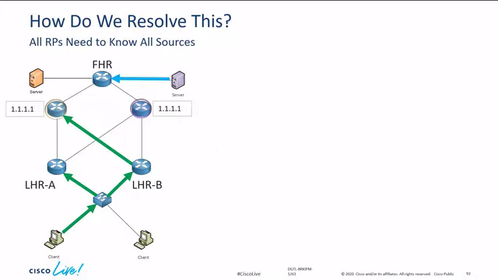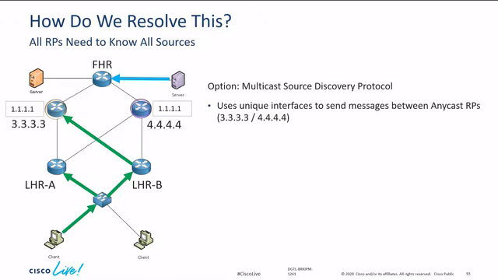So how do we solve this problem? Well, we solve it by making every device that's serving the purpose of a rendezvous point know all of the sources that are registered. So we're going to use unique interfaces, because obviously we can't use the Anycast address to send messages between each other. We're going to use unique interfaces to send a particular message to all of the other Anycast RPs.